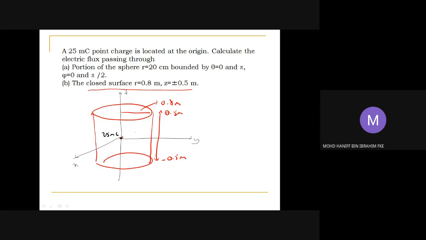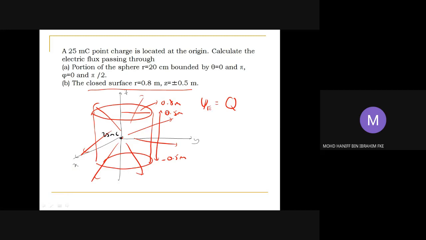So the flux leaving this closed surface will be similar to the charge that is enclosed by this surface.